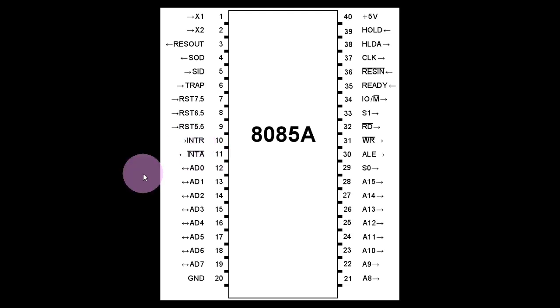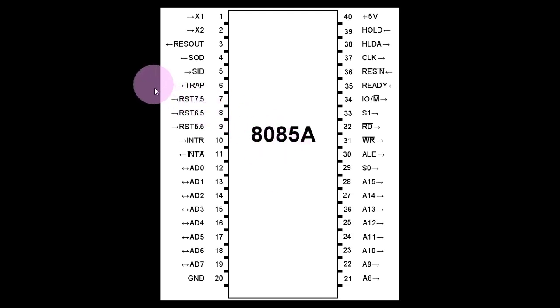Now, in a similar fashion, TRAP, RST 7.5, 6.5, and 5.5 are all pins which will take inputs as interrupts. And some of these interrupts are unavoidable, means if that interrupt comes, whatever the microprocessor is doing, it has to stop it and serve that request.